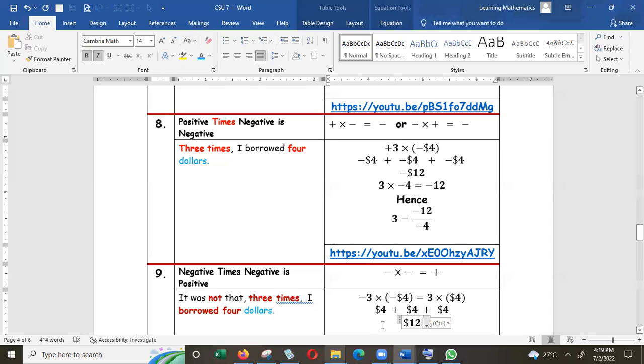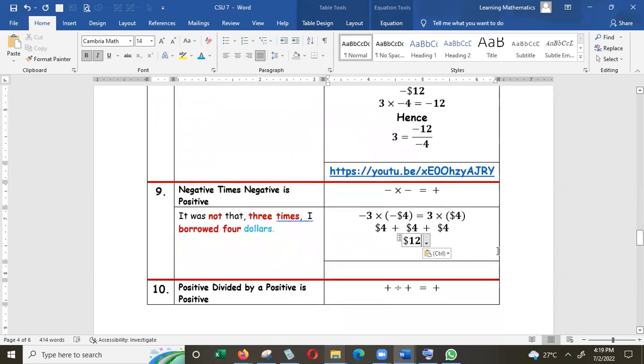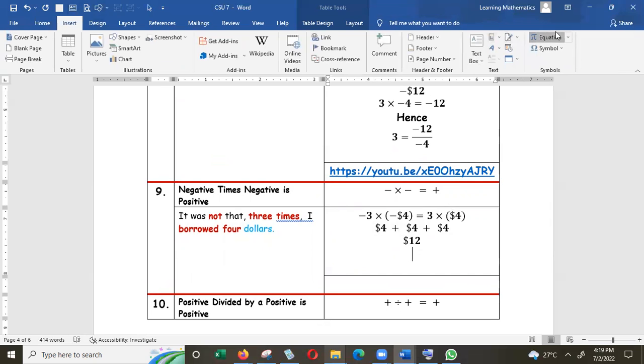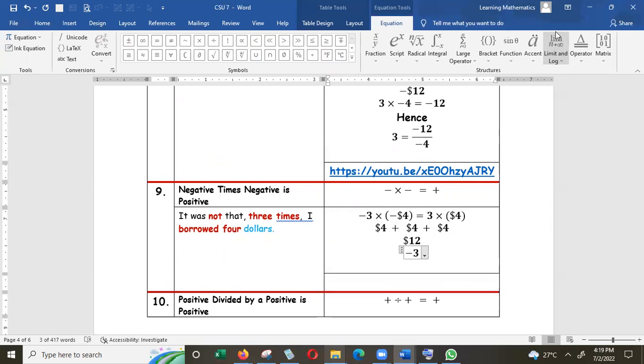So let's bear that in mind. A negative times a negative is positive. Okay. So we can conclude that a negative 3 multiplied to a negative 4 will give us a positive 12.